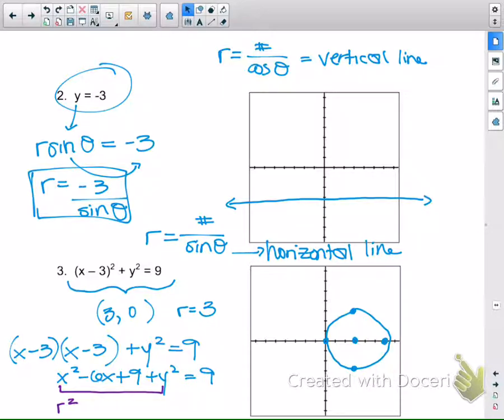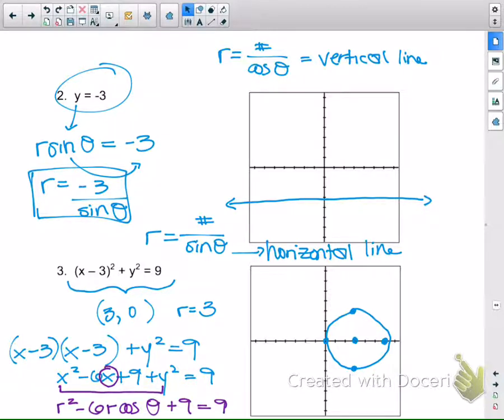The other thing that I have to replace is what? The x here. So I'm going to keep my minus 6. If you have to flip to the back page there, you can. What was the same as x? R cosine theta. So R squared minus 6R cosine theta plus 9 is equal to 9.